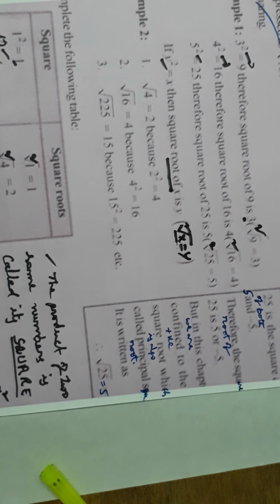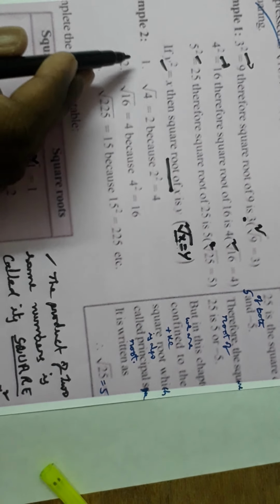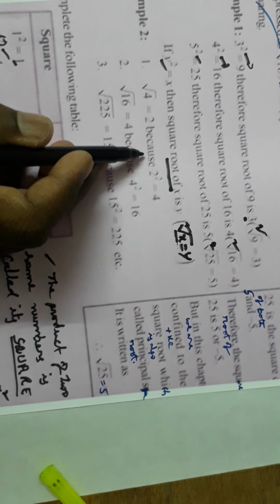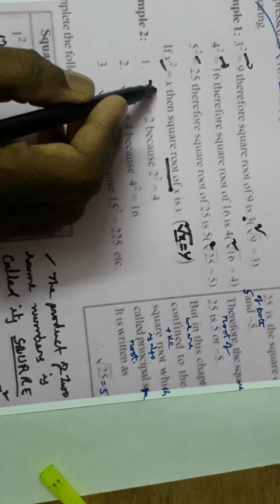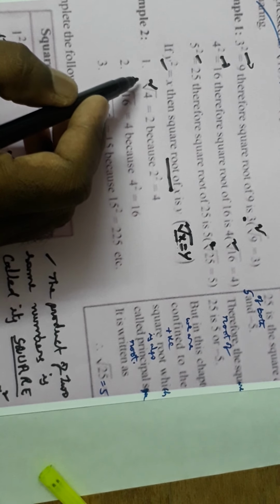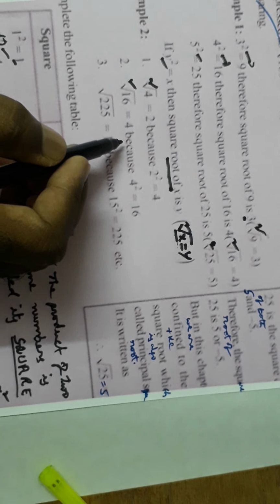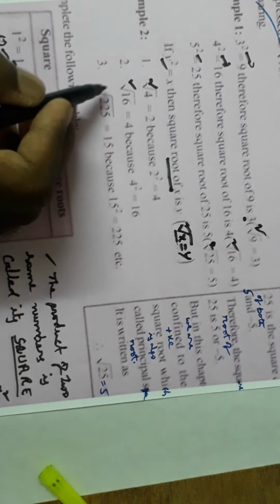Okay. Another example. Root 4 is equal to 2, because 2 square is equal to 4. Root 4 means square root 4. Next, square root 16 is equal to 4, because 4 square is equal to 16.